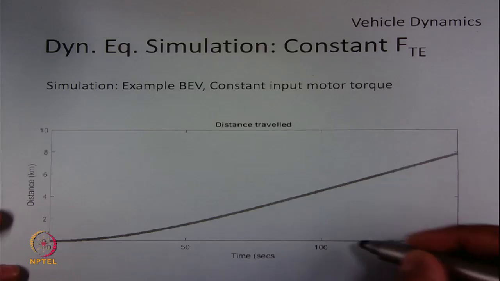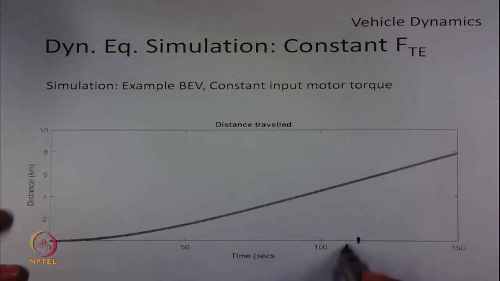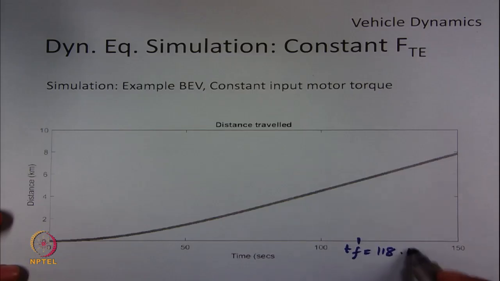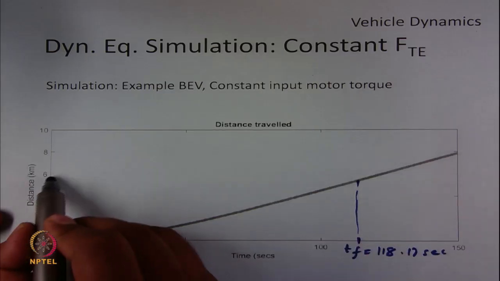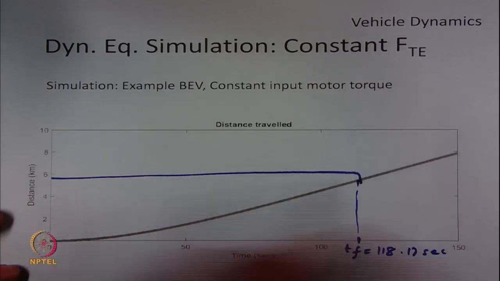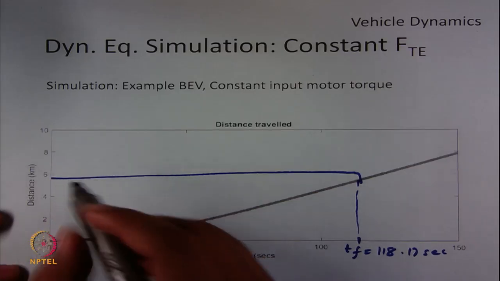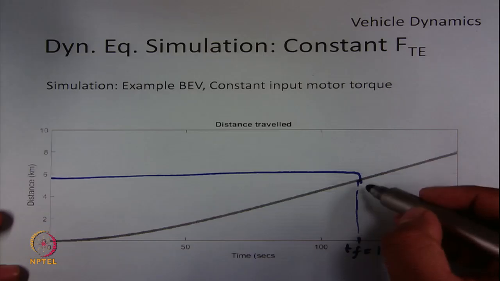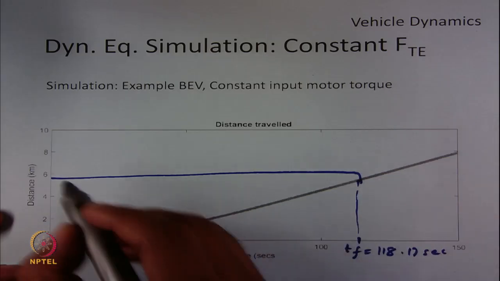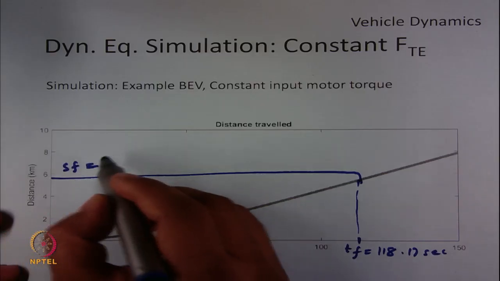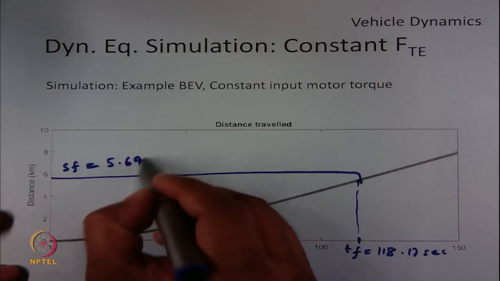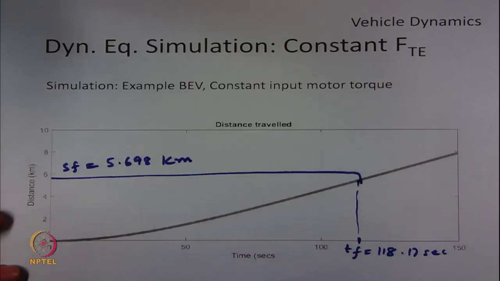So, in around 118, so Tf equal to 118.17 seconds, we will reach a speed of 242 kilometer per hour, and the distance equal to, so this is S_F equal to 5.698 kilometer.